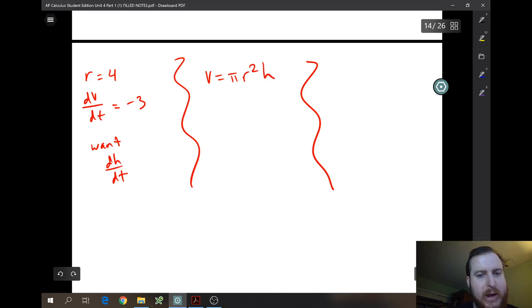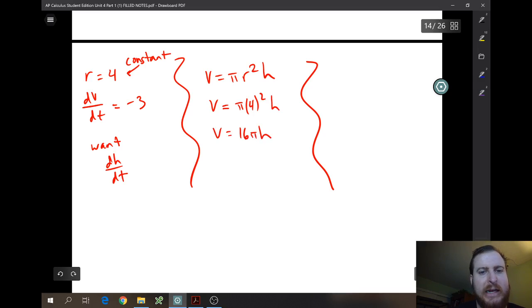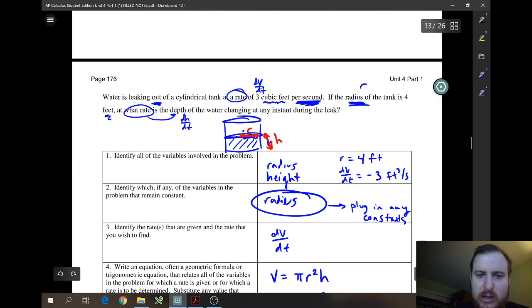And before I ever take the derivative, I always remember to plug in any constants. So this is a constant, so we can plug it in. That's pi times 4 squared h, V equals 16 pi h. And even though this question didn't tell us it's a constant, see how they just say the radius of the tank is 4?